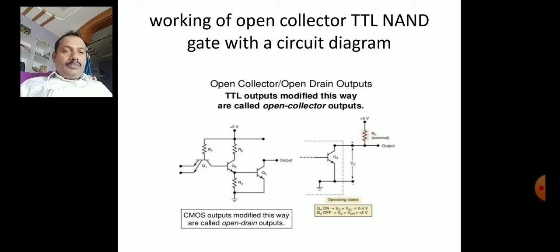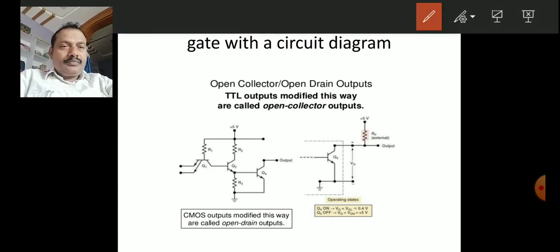So now observe here, let us consider this is A, this is B, the two emitter inputs.